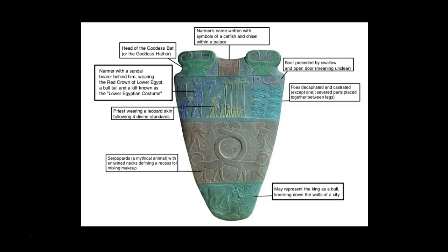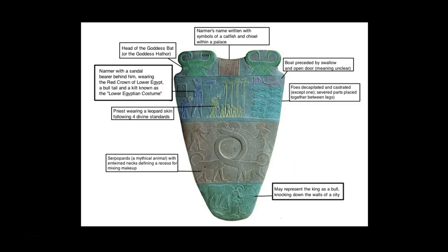The lowest register on both sides includes images of dead foes, while both uppermost registers display hybrid human bullheads and the name of the king. The frontal bullheads are likely connected to a sky goddess known as Bat and are related to heaven and the horizon.